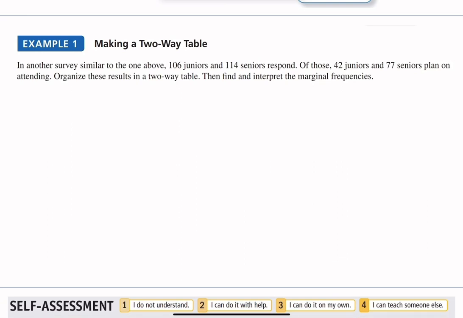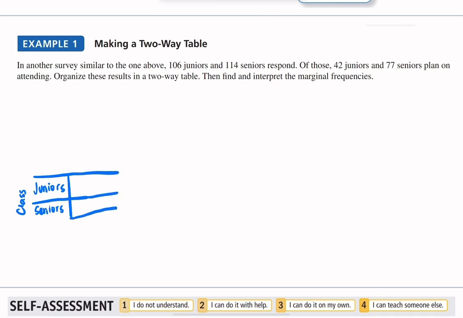So again, we've got the same type of data here, organized by class, juniors and seniors, and then organized by attendance, attending or not attending.